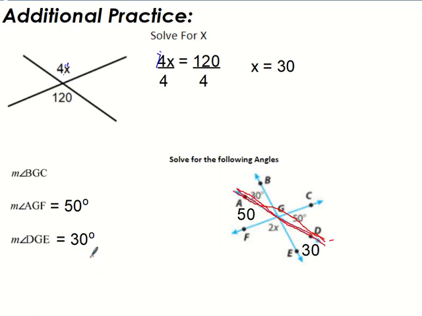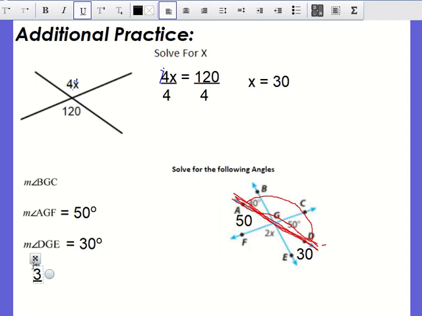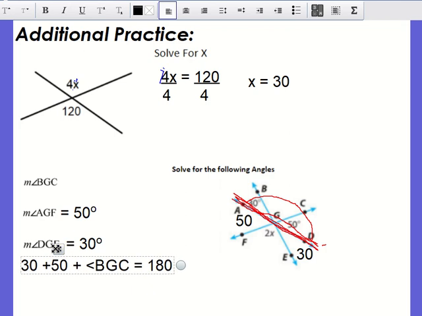And so we can then say, well, if this is 180, all of these added together will be 180. So we would have 30 plus 50 plus our angle BGC, and we're going to have that equal 180. Well, 50 plus 30 is 80, so then 80 plus BGC equals 180.